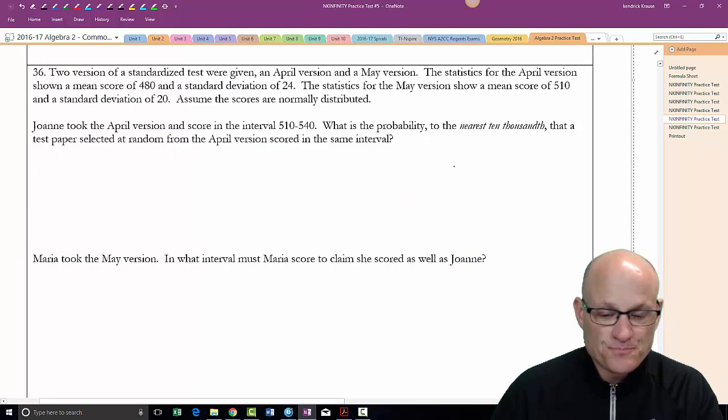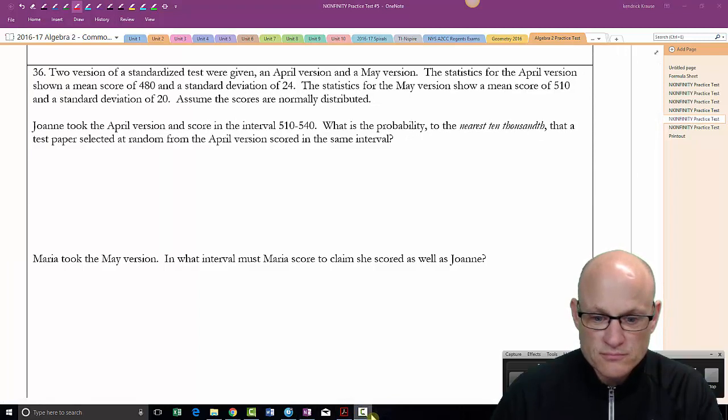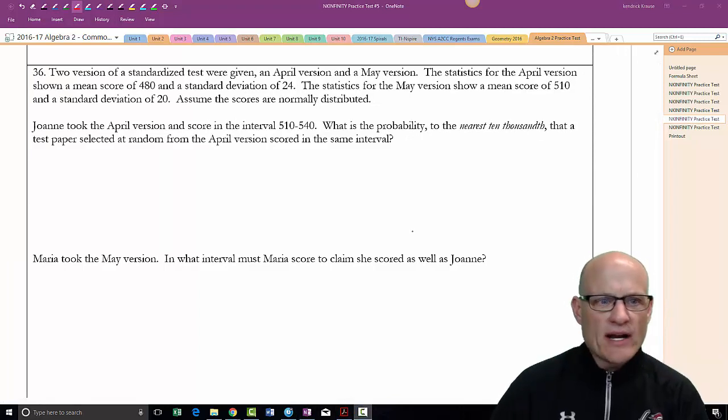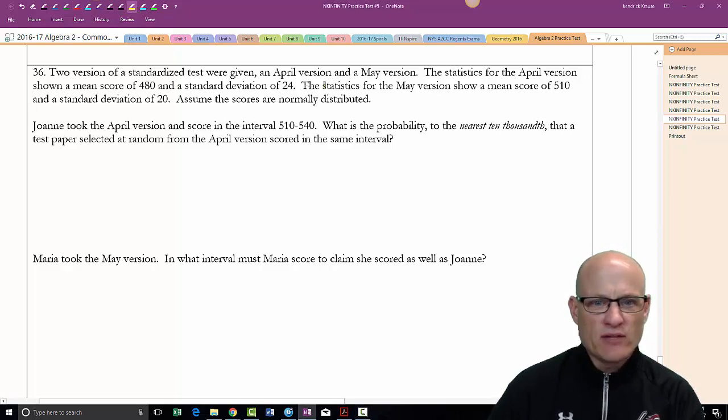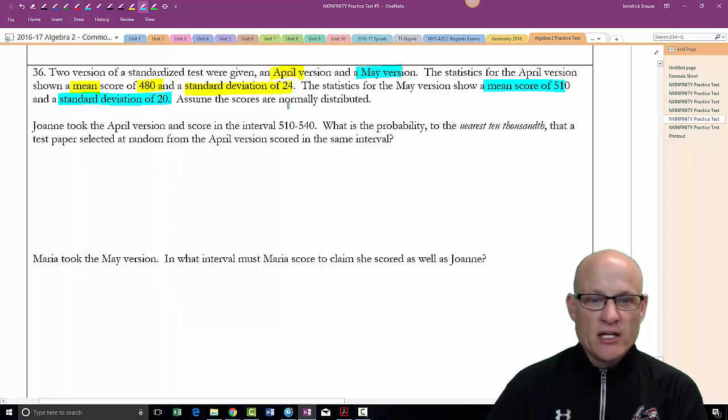All right, here we go. We got 2 standardized tests that were given. One was given in April and one was given in May. The April version has a mean score of 480 and a standard deviation of 24, while the May score has a mean score of 510 and a standard deviation of 20.